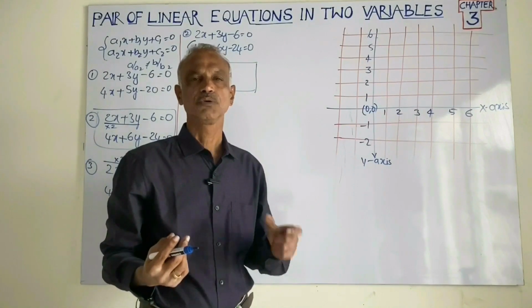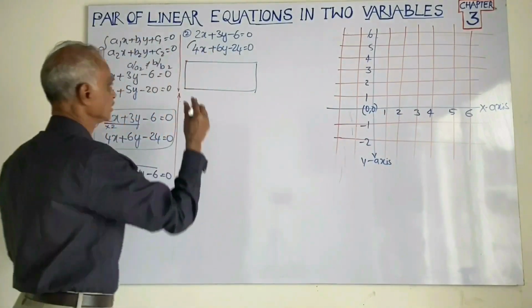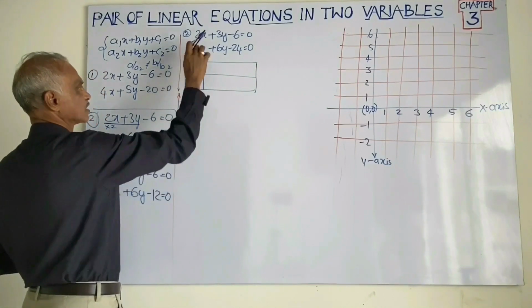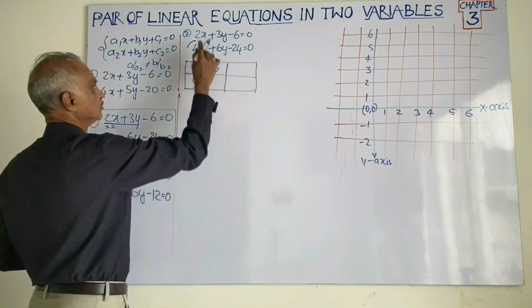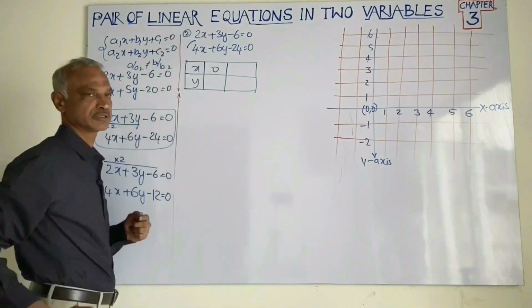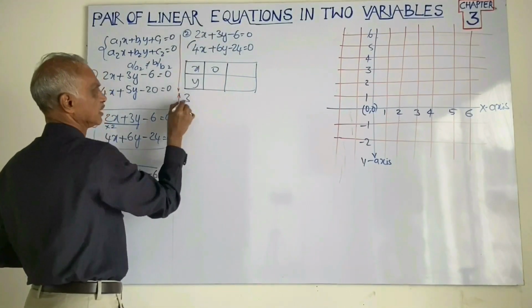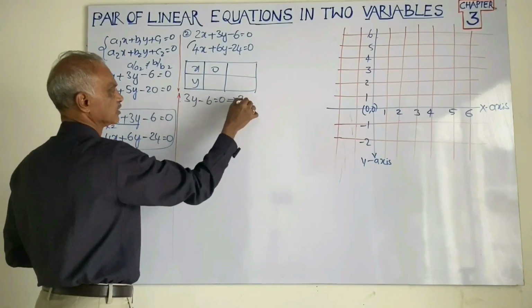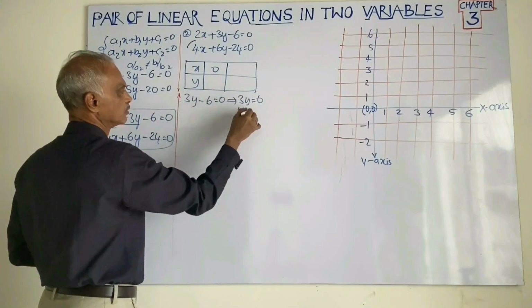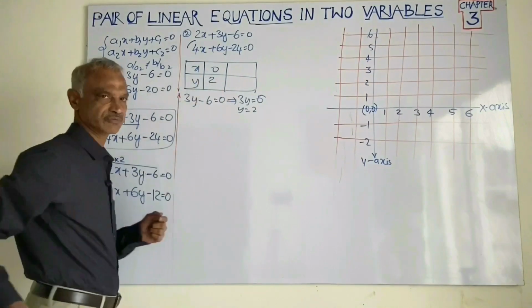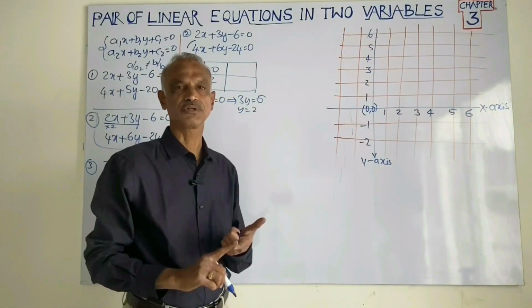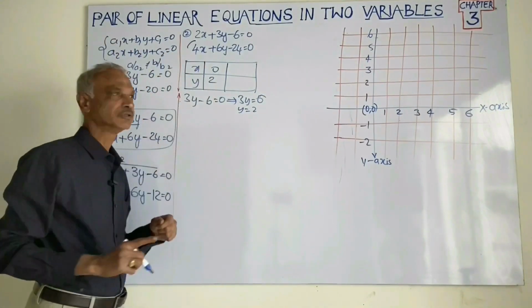You need only 2 points. This is x and y. Instead of x, I am substituting 0: 2 into 0 is 0, so 3y minus 6 is equal to 0. Then 3y is equal to 6, y is equal to 2.